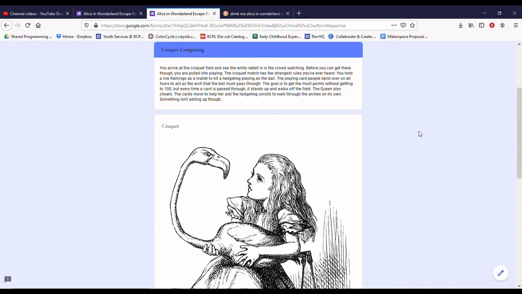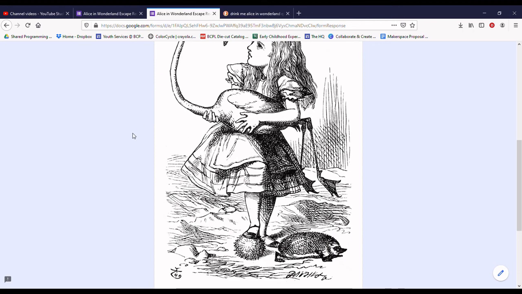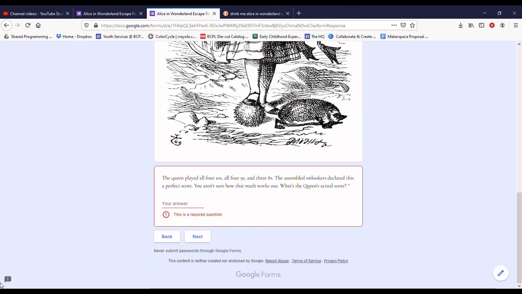So for this one, we're going to look. The goal is to get as many points as possible without going to 100, just like if you were playing blackjack and trying not to get over 21. I'm going to pull up our calculator, and I'm going to work backwards on this because that's how my brain works. So 8 times 3, 24.